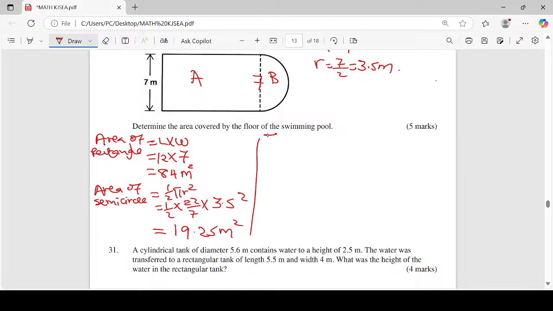To get the total area, I'm going to take the area of the rectangle, which is 84, plus 19.25. 84 plus 19.25, I'm having 103.25 square meters as the area of that swimming pool.